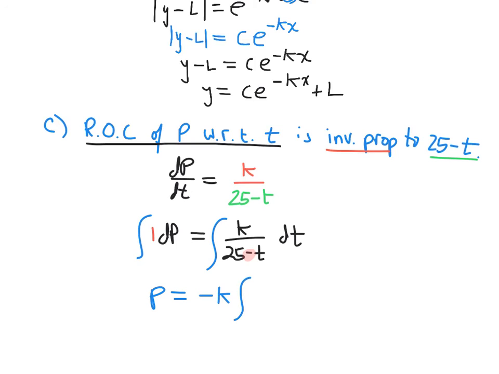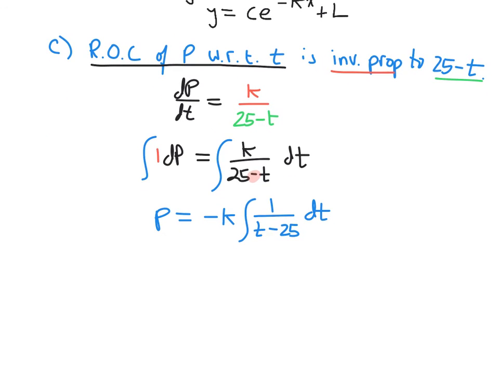It'll be the integral of 1 over t minus 25 dt, which ends up being p is equal to -k ln of t minus 25, the whole thing, plus c. All right, because either way, if I put parentheses around the ln t minus 25 plus c, or if I don't, one way or the other, it's just going to end up simplifying to this expression.